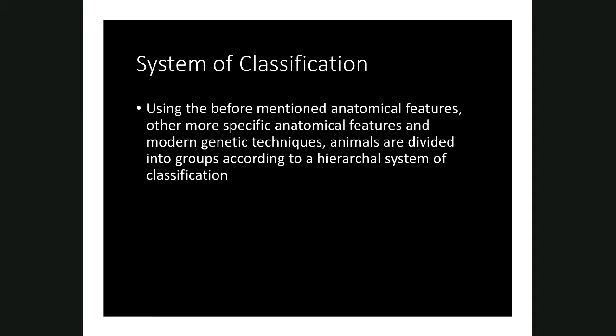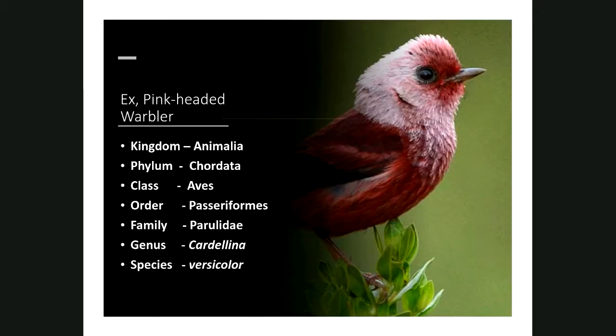So you can say, well, what domain is it in? Is it a bacteria, or is it an archaea, or is it a eukaryote? And then everything falls into one of those three groups. And on the other end, you have something that's extremely exclusive, and it's so exclusive that it only contains one species. For example, here you have your system of classification. You have kingdom, phylum, class, order, family, genus, species.